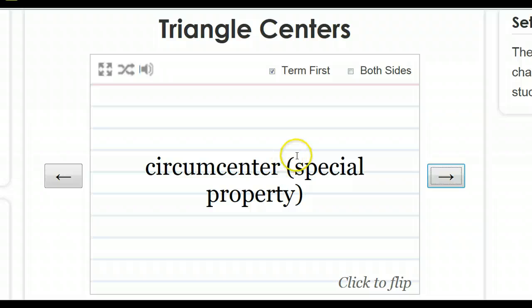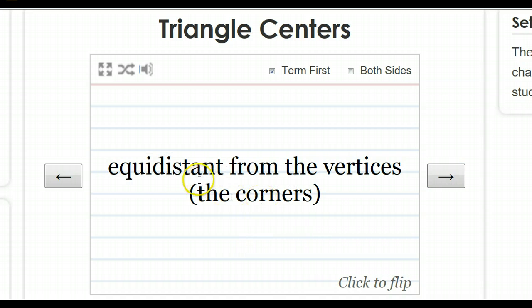That was the special properties for one of them. So what's the special property of the circumcenter? This is the one that's equidistant from the vertices. Okay, the circumcenter will be equally distant to the corners of the triangle.